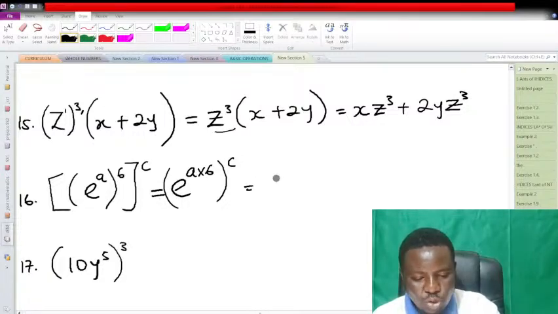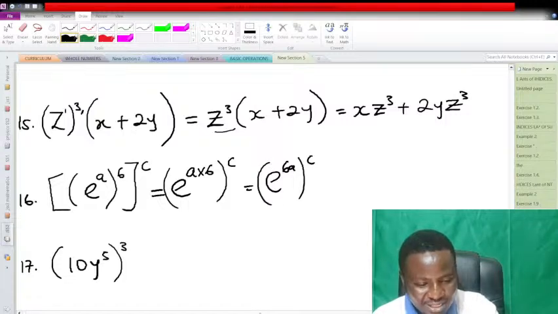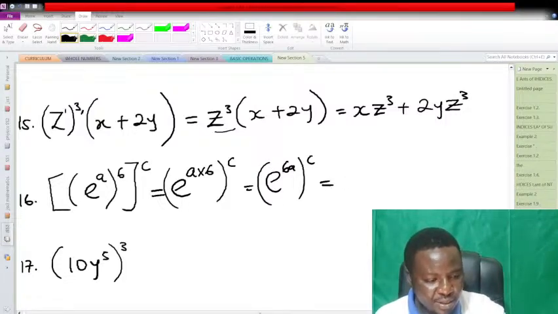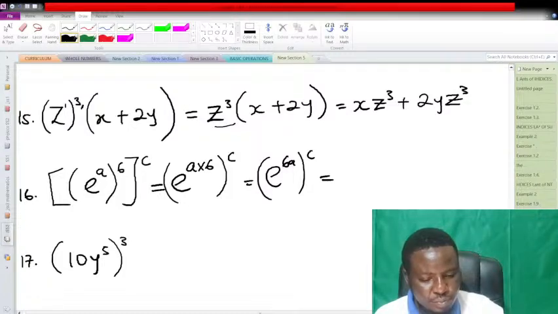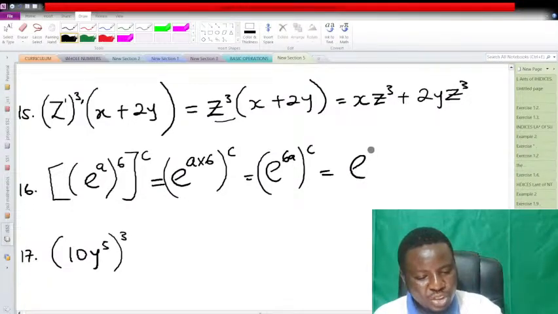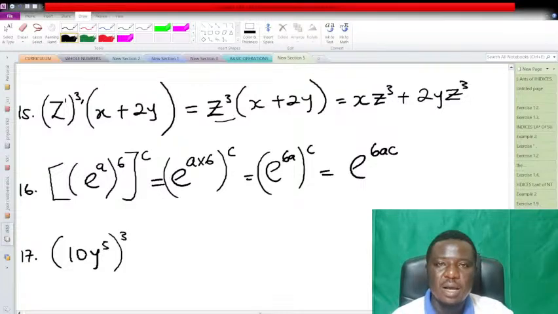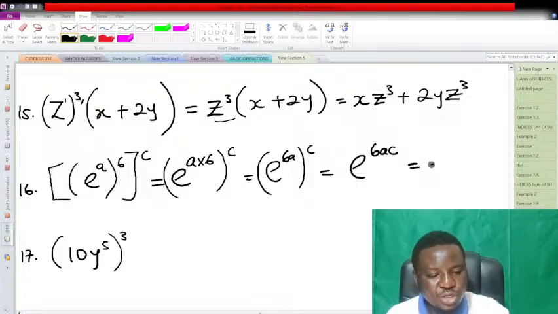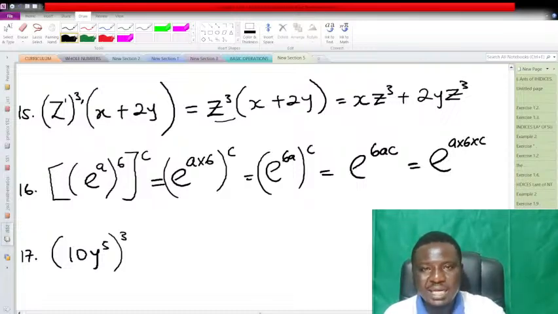When you do this, it's going to give you exponential 6a all raised to power c, and you simplify this further, it's going to give you exponential 6ac. So at the end, this is what you will get. Ordinarily, you can just express it from here as exponential a times 6 times c. I have to take it one at a time to enable you to understand it better. And at the end, you arrive at the same answer.